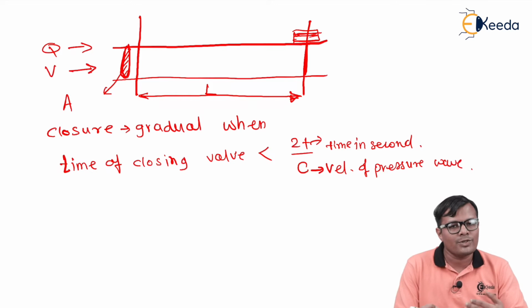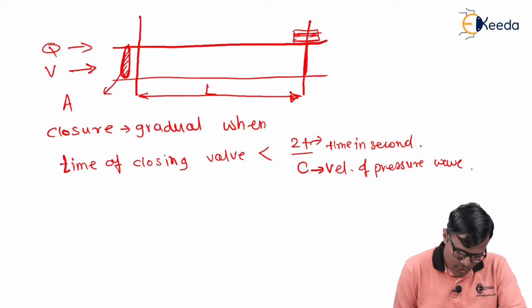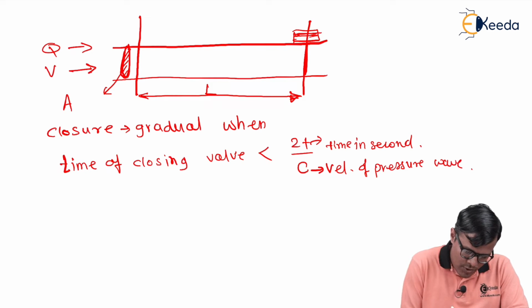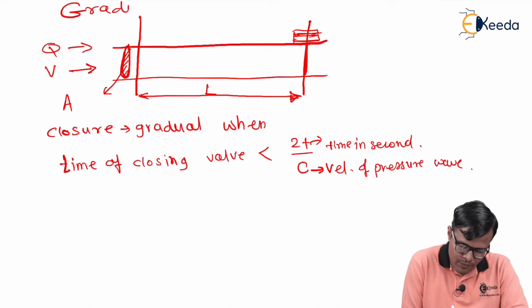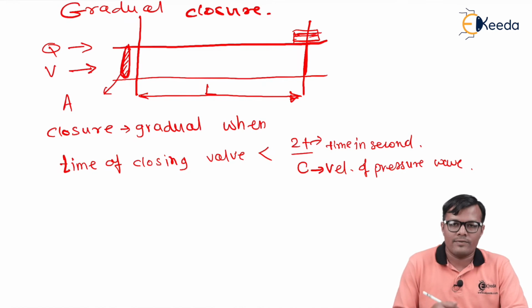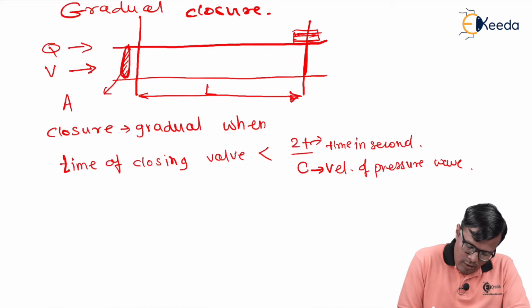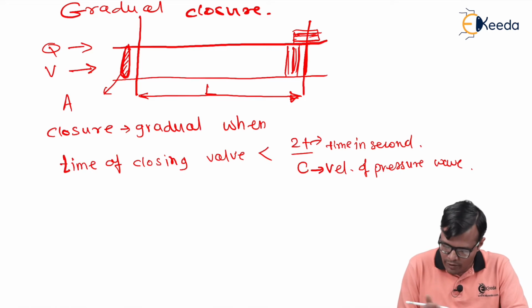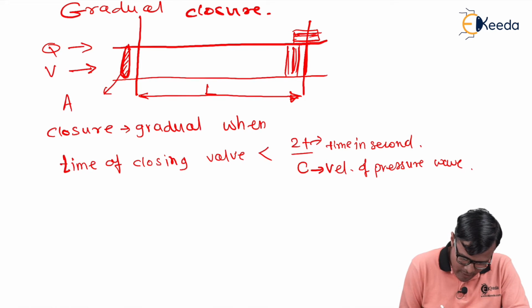If time of closure is more than that, then that will be called gradual closure, and if it is less than that, that will be called sudden closure. So we are considering the first case, that is of gradual closure. This is the derivation for gradual closure. It is very clear that a compression zone gets created, so there will be an increase in pressure, and now we are going to find the pressure head.